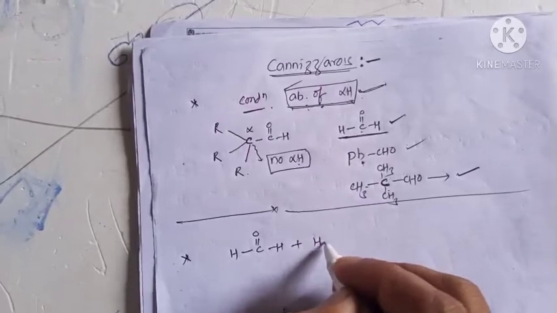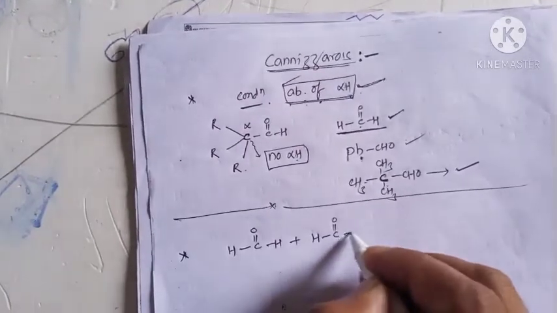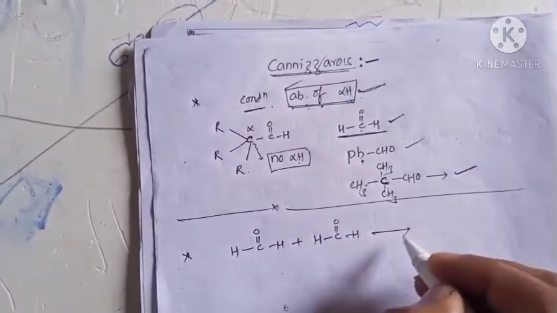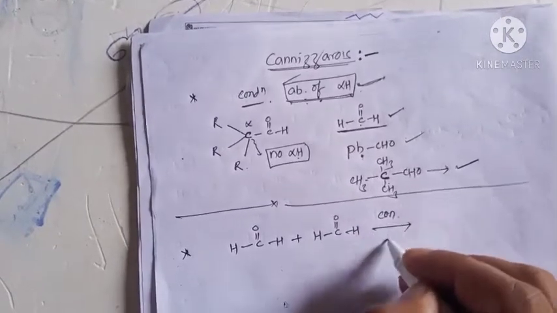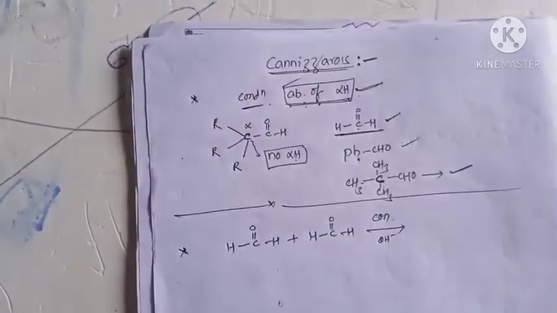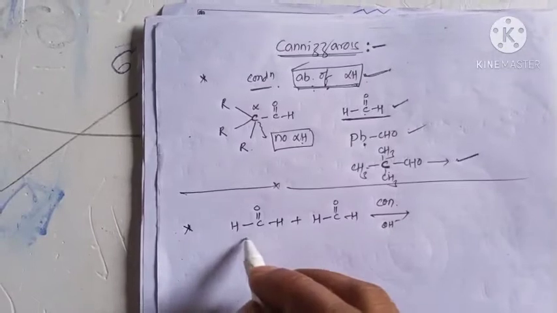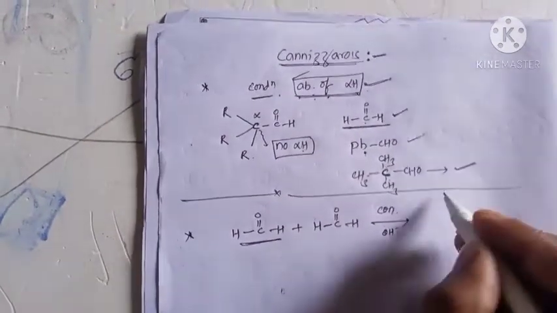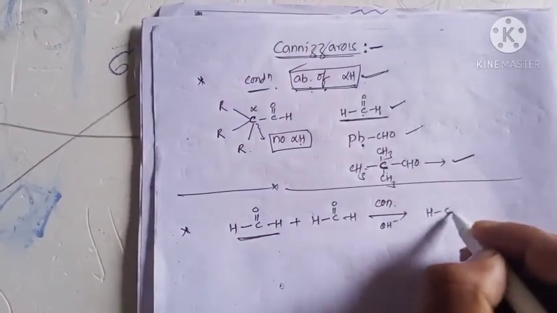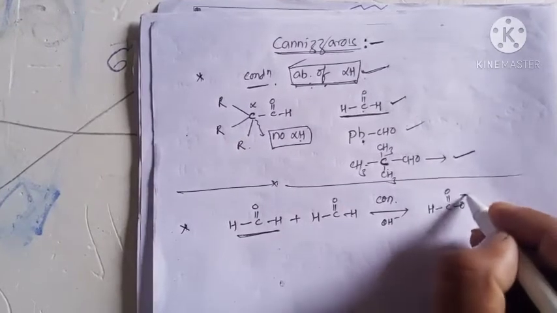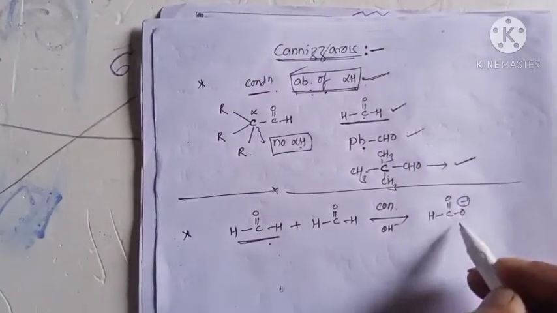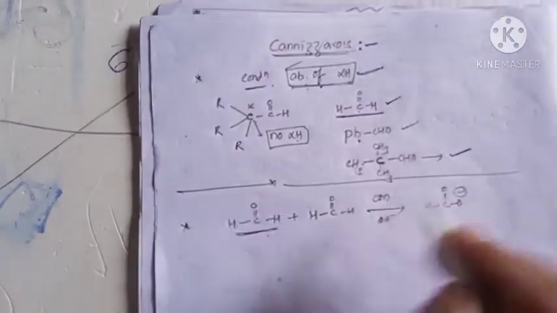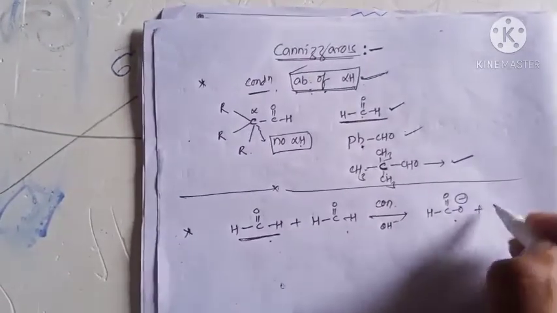Generally two molecules are treated in the presence of concentrated base. In that, one molecule is oxidized, converted to HC double bond O minus. Aldehyde is oxidized to carboxylic acid. The second molecule undergoes reduction.